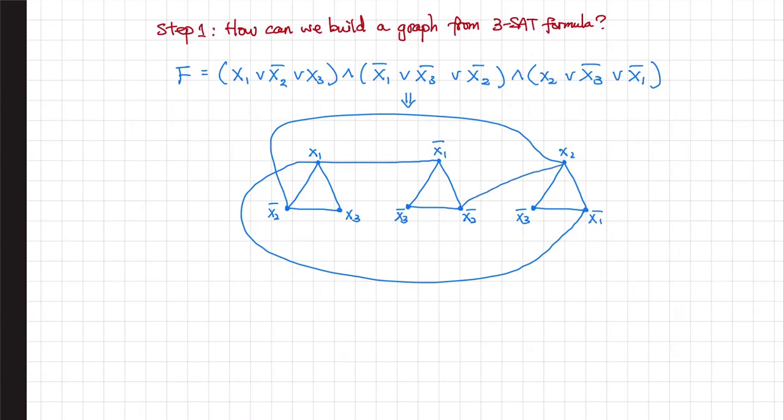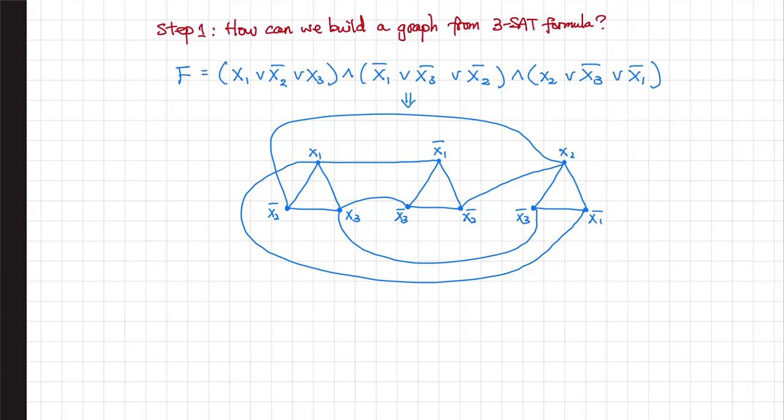Anything else? x3 with x3's complement. Anything else? Are there any other complement, or negation, that we are not connecting? No. Okay, so that's it. This will be the graph that we're working with for the maximum independent set.